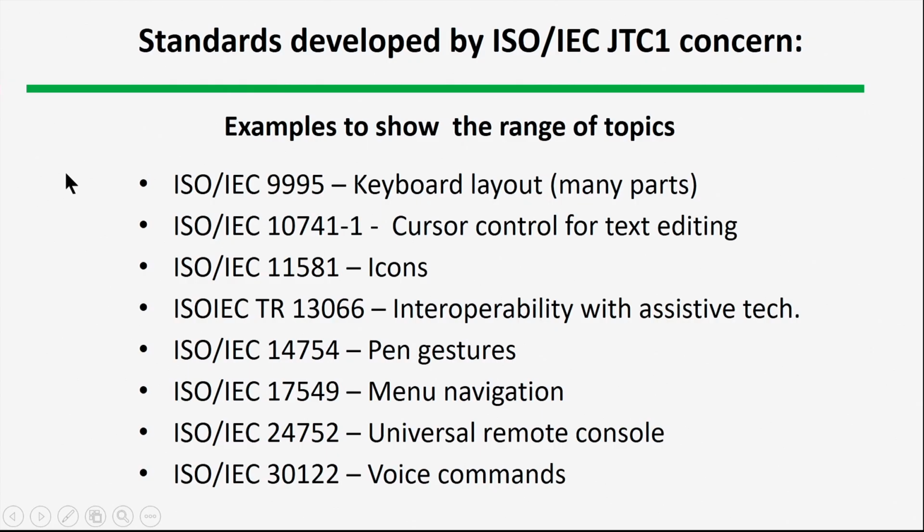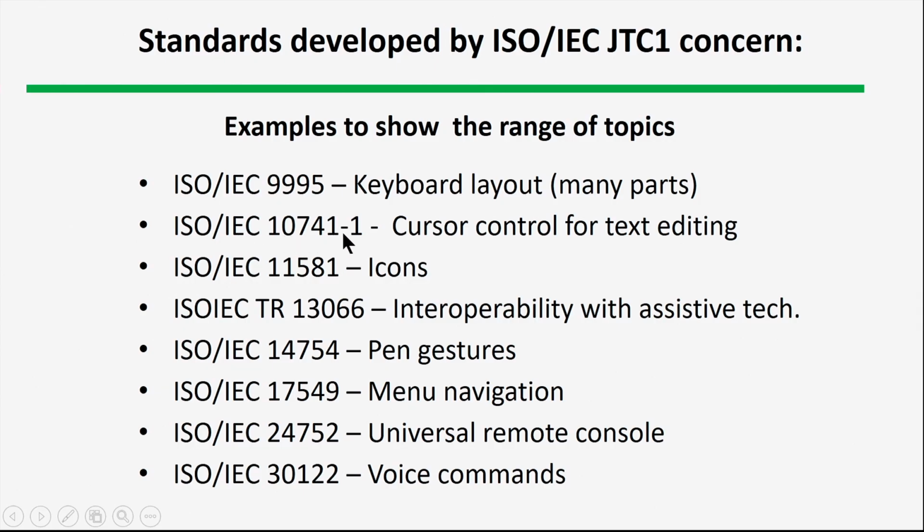But to give you a sense of the range of topics developed by this Joint Technical Committee overall, here are some of the topics they've dealt with. So there's IEC 9995, which is keyboard layouts. It has many, many parts for the different kinds of layouts that exist. ISO 10741-1, cursor control. So if you're using cursors in text editing, it gives you a sense of what it's about.